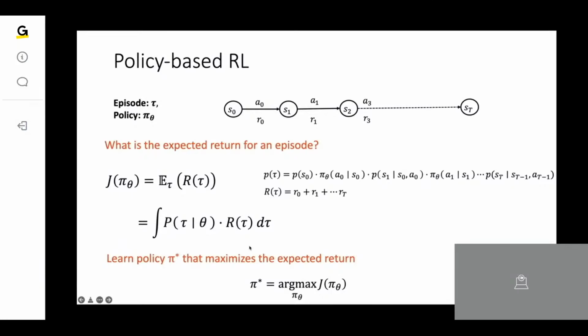So the goal is to find a policy which maximizes this expectation term. Now, as you can imagine, this expectation will be very hard to compute because there are terms involving actions of the environment which we know nothing about. We don't have a model for the environment, which makes it very difficult to compute the expectation term.